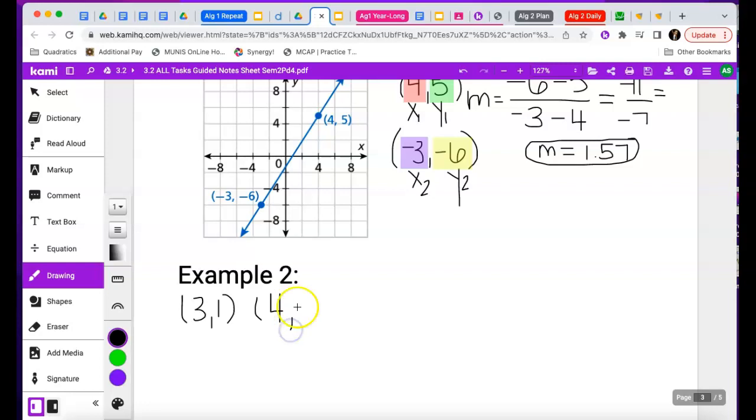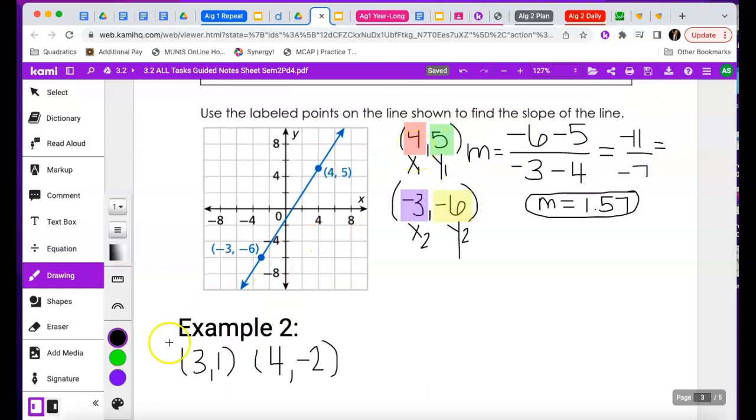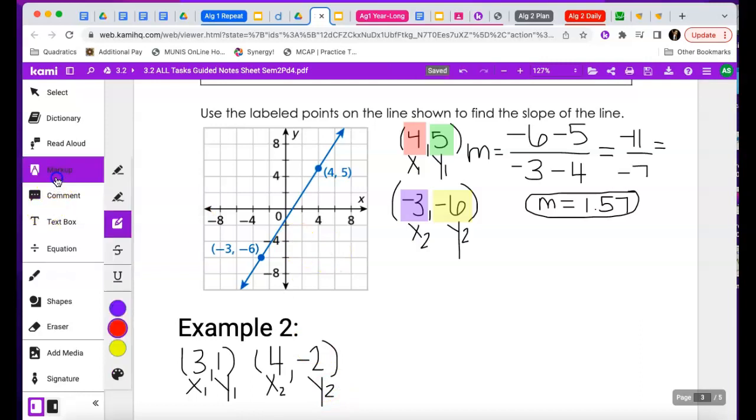So say we were given a graph and these were the 2 points that I was able to identify. So just like we did up here, we're going to label our first x value and our first y value and our second x value and our second y value. And then from there, we just need to use our formula.